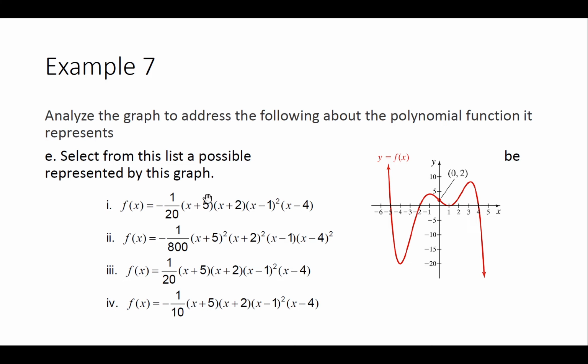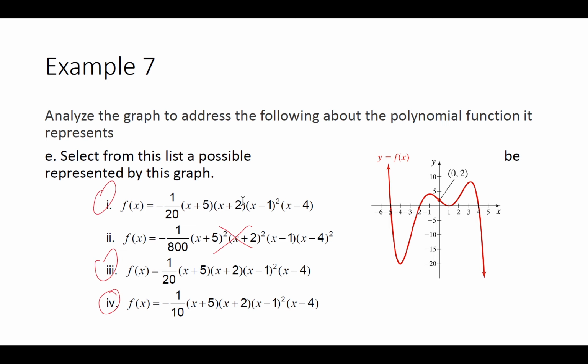This might be one possible answer. The third one might be another possible answer. The second one, no, because there is even multiplicity where it shouldn't be, so it is cancelled out. This one is also odd, odd, even, and odd, so it might be another option. So there are three different options with this multiplicity.